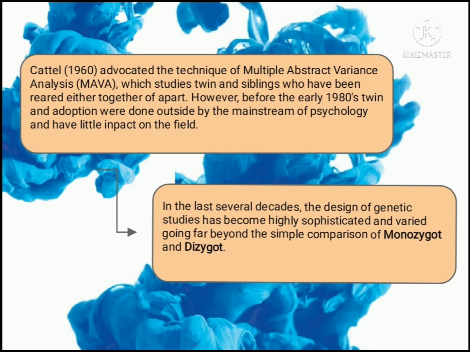MAVA is a statistical technique used to estimate the proportion of variance in a phenotypic trait due to genetic and environmental factors.